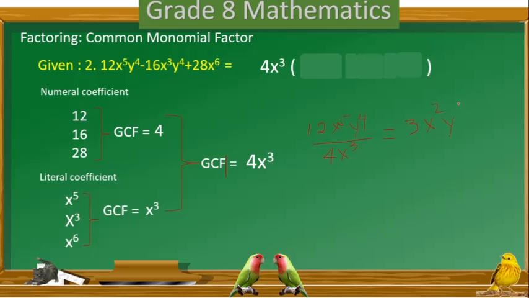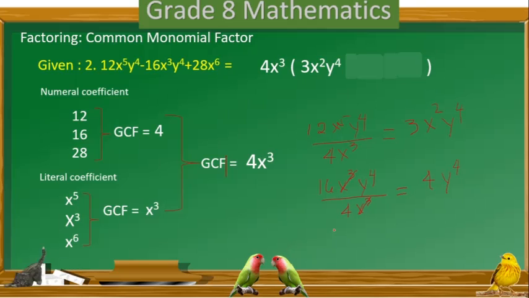Then copy y to the fourth because we don't have y in the denominator. The second term is 16x cubed y to the fourth divided by 4x cubed. 16 divided by 4 is 4. X cubed divided by x cubed cancels out because they are the same. Then copy y to the fourth.